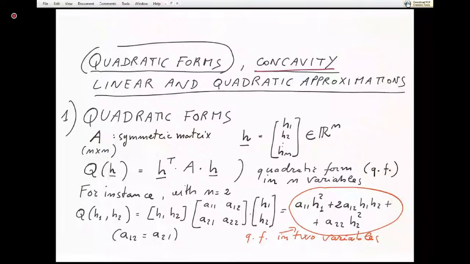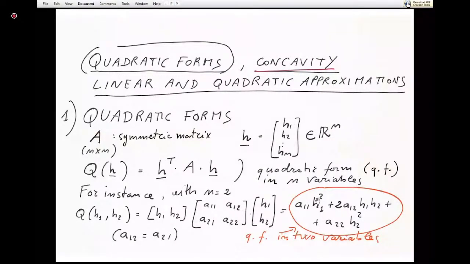But if we select at least one of the H different from 0, are there conditions on the matrix by which we can predict what the sign of the result will be, whatever our choice of H1, H2? And this is called studying the positive or negative definiteness of the quadratic form.